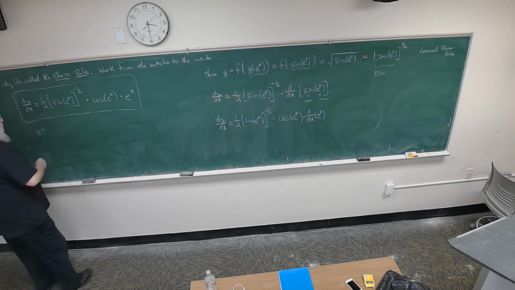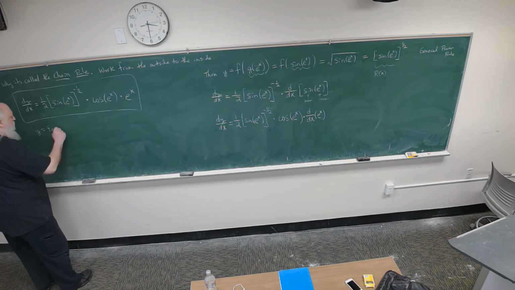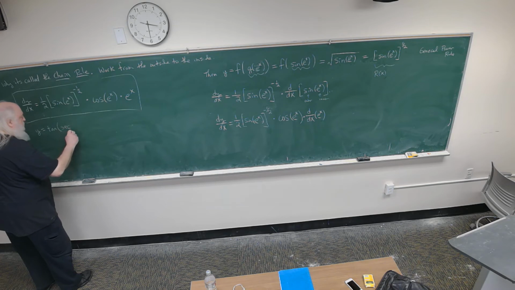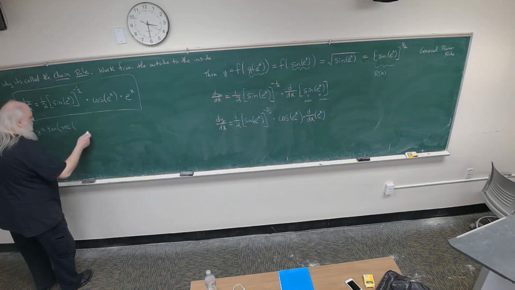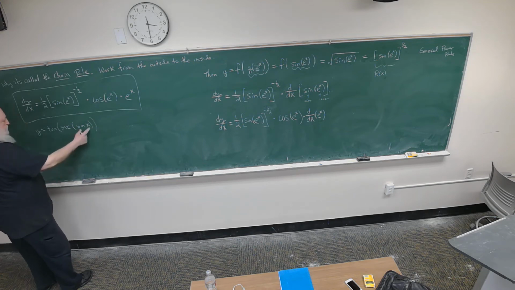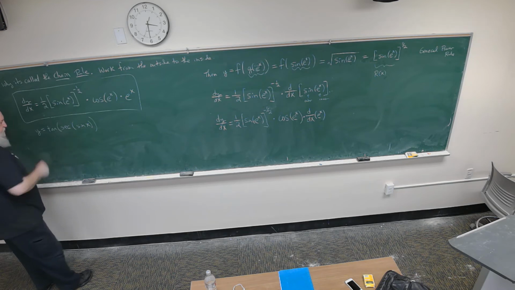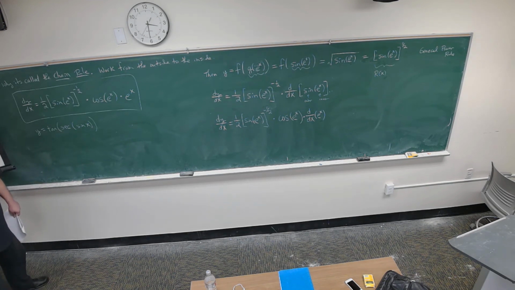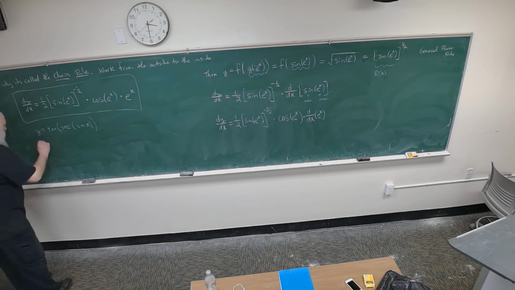So I have y equals the tangent of the secant of the sine of x. So we've got 1, 2. The sine of x is going into the secant function, and secant of sine of x is going into the tangent function. So to differentiate this, I don't know if I want to write this all out.